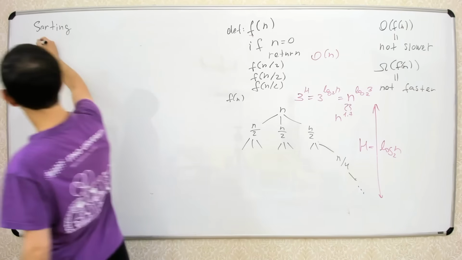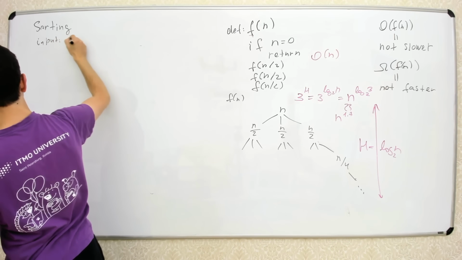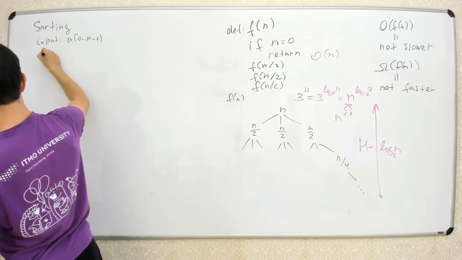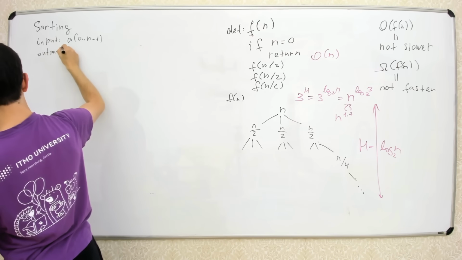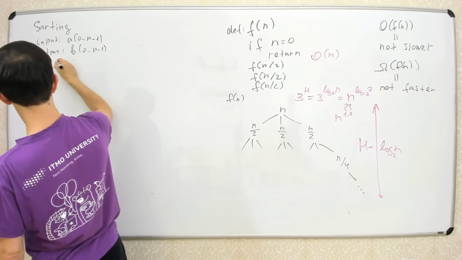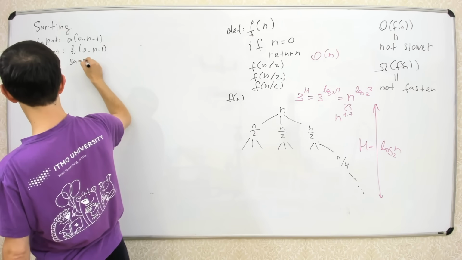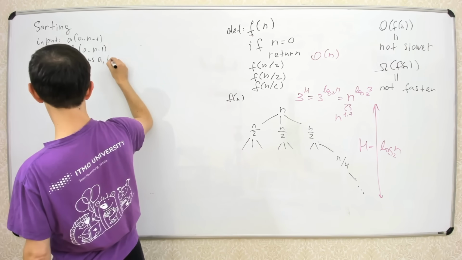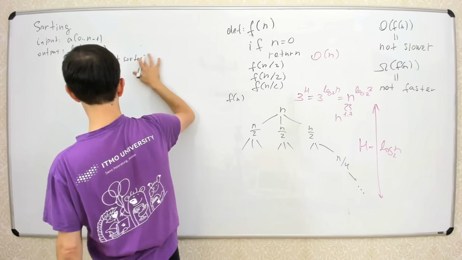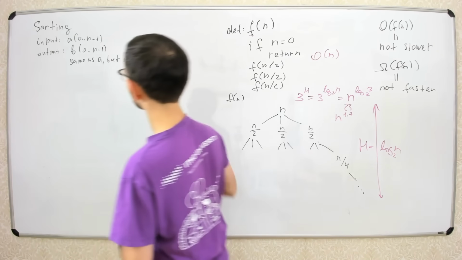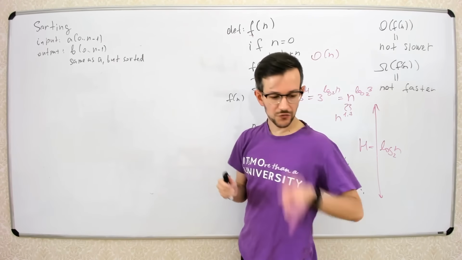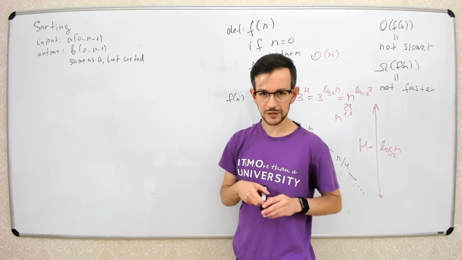So you have input, an array a of size n, and output, let's say array b, the same as a, but sorted. Okay, and the first sorting algorithm I want to talk about is insertion sort.